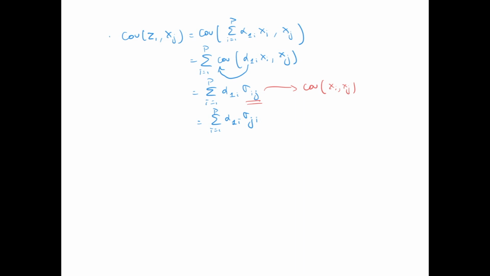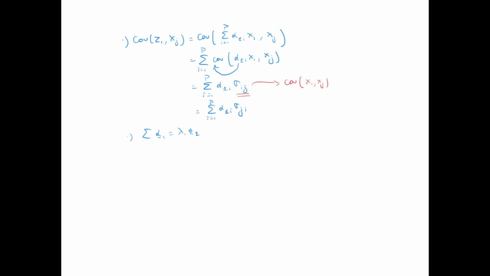Alright, that's step 1. We also know that the alpha 1 satisfies the following equation: the variance-covariance matrix of your xi's multiplied with alpha 1 is equal to lambda 1 alpha 1. If we write this down in full, we get the following.